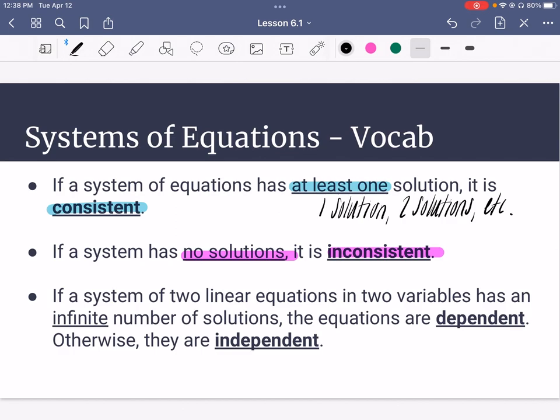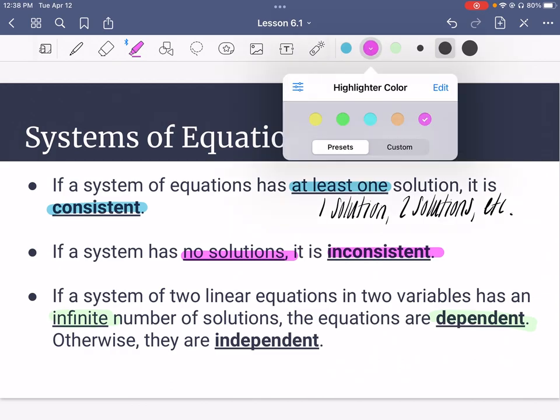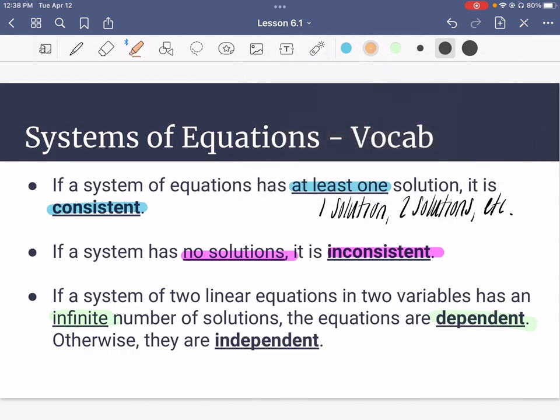Okay, now dependent versus independent. If a system of two linear equations in two variables, because we will at some point talk about systems with three variables, has an infinite number of solutions, then the equations are dependent. This will make a little more sense when I show you graphs on the next slide. So for now, just make a note of this, and then I'll show you what I'm actually talking about.